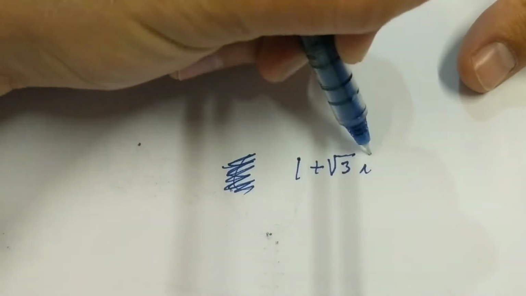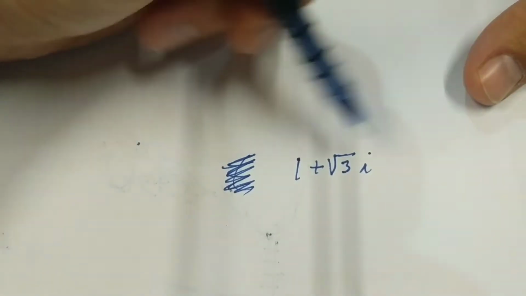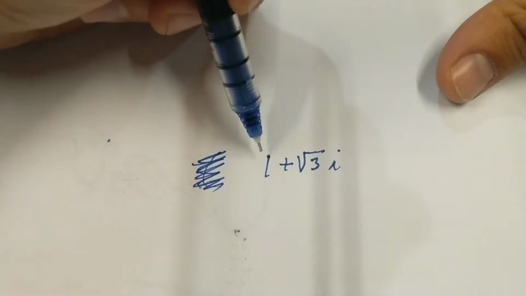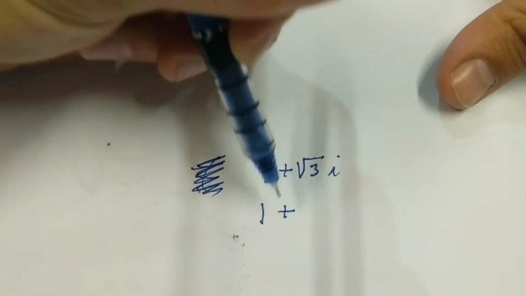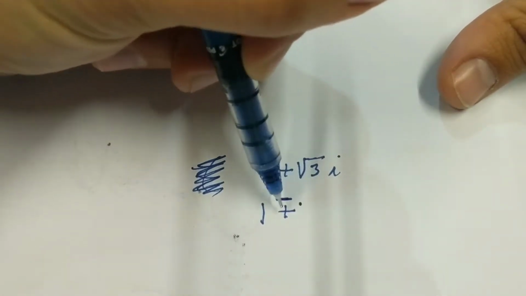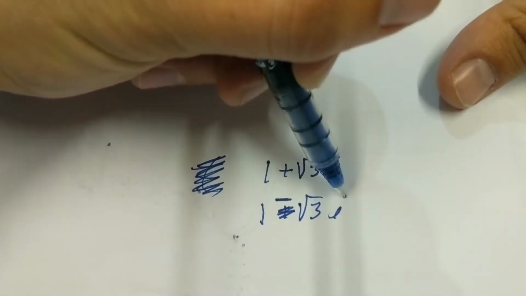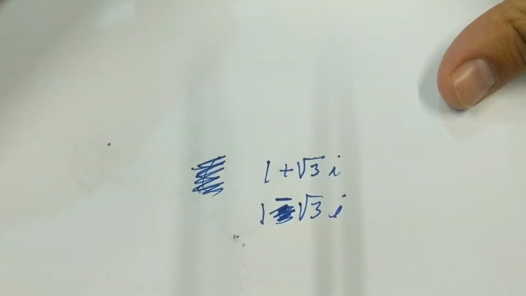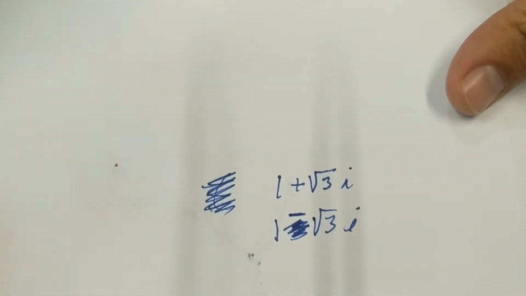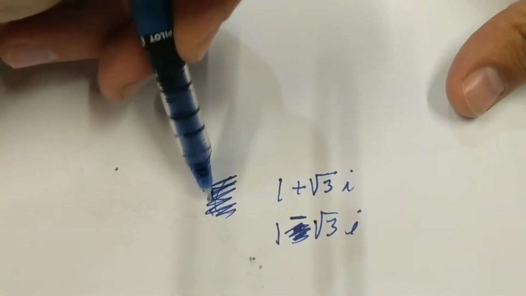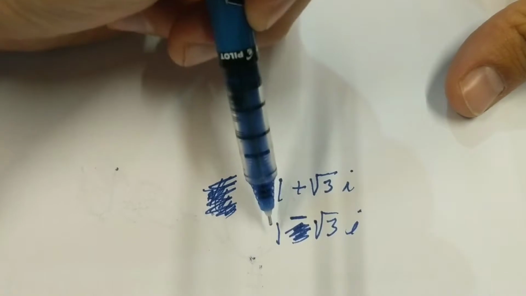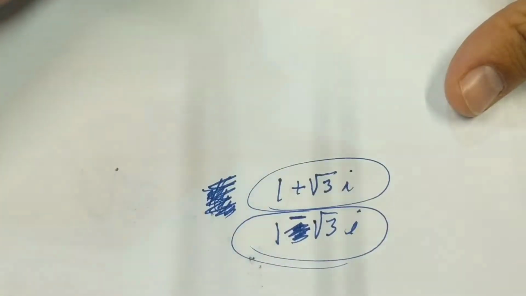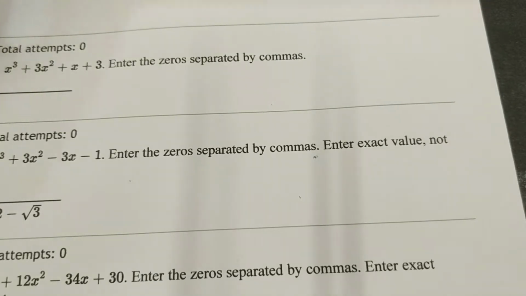If I have one that's like 1 plus radical 3i, and that ends up being a root, then its conjugate, 1 minus radical 3i, is also going to be a root. That's one of our results from algebra: if I have complex roots, they come in pairs. If I can find one of them, then the other one will come with it. That kind of comes naturally from the quadratic formula anyway.